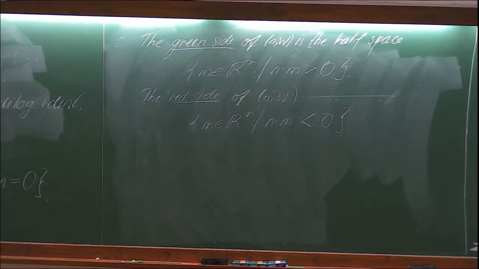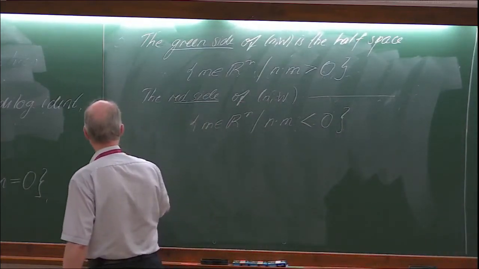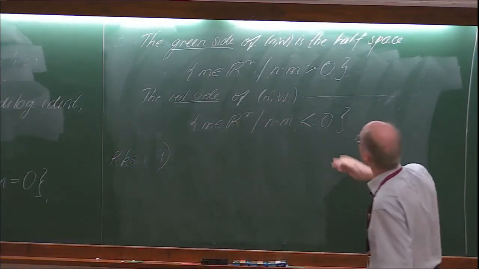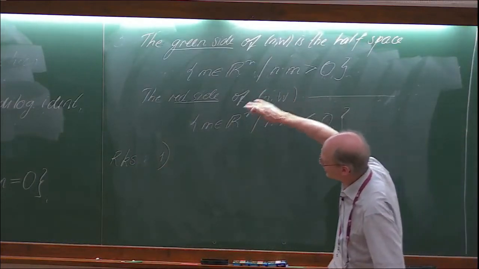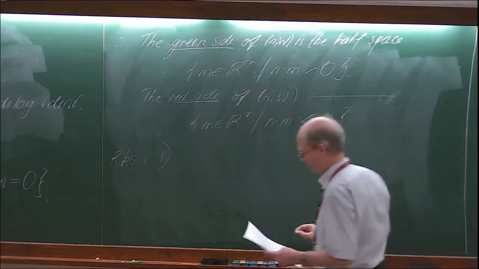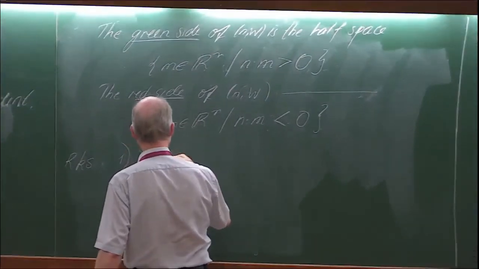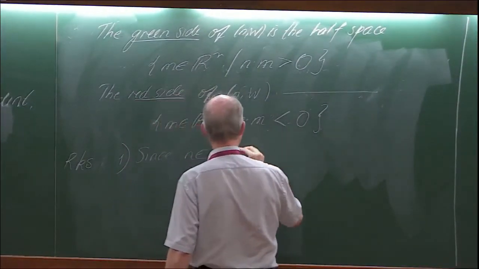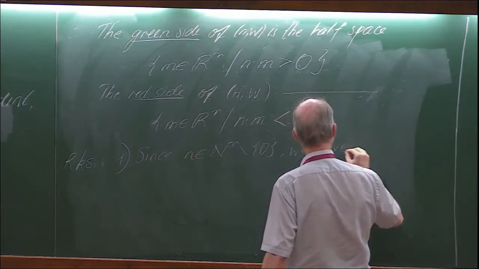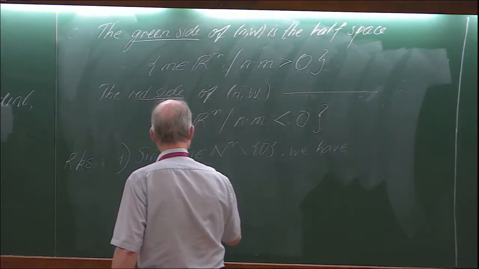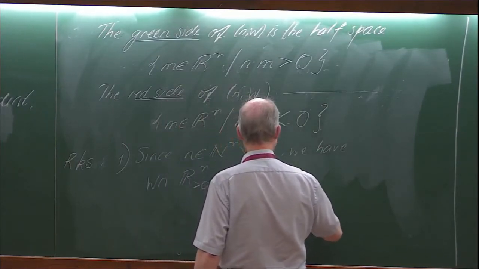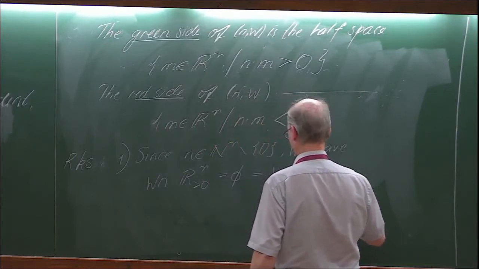Okay. And two remarks. First of all, since n is a non-zero vector with positive components, the wall cannot meet the strictly positive orthant, and for the same reason it cannot meet the strictly negative orthant.